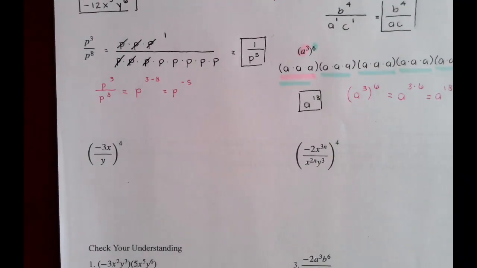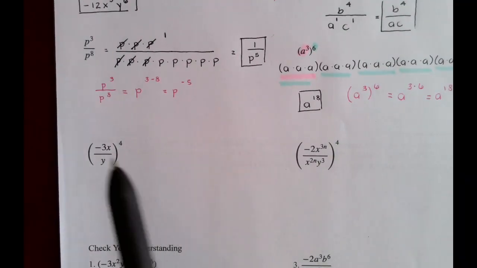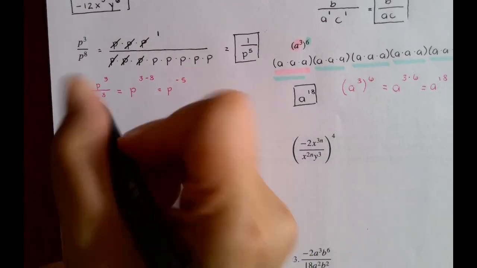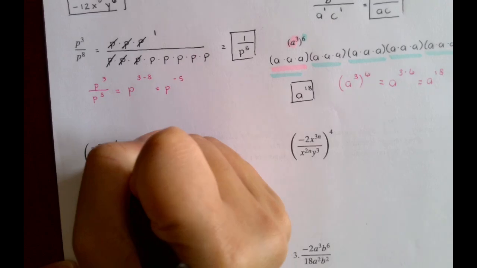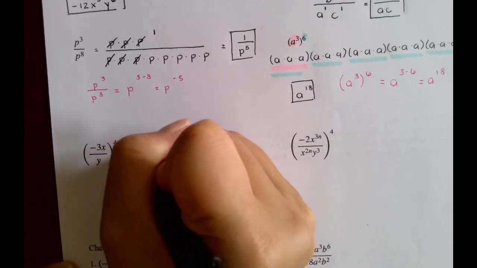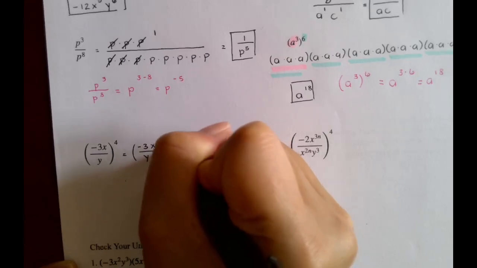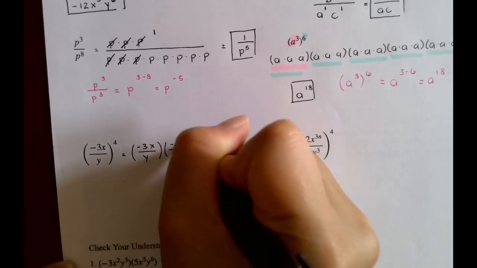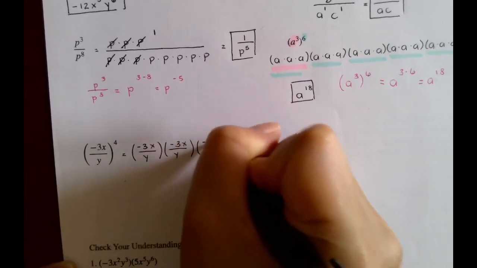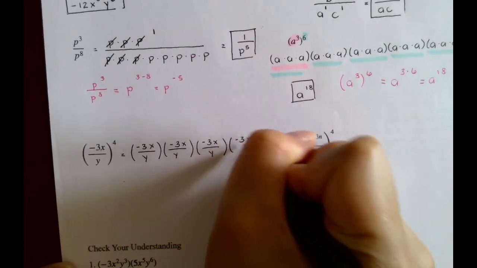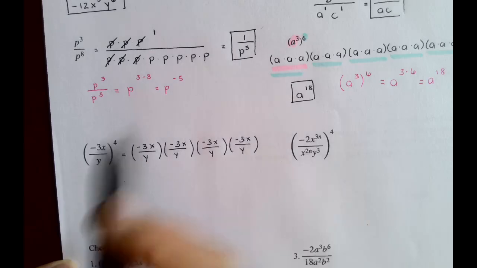It applies also to quotients here. So we have the quantity of negative 3x over y raised to the fourth power. And so what it means is that we have negative 3x times y multiplied by itself four times.